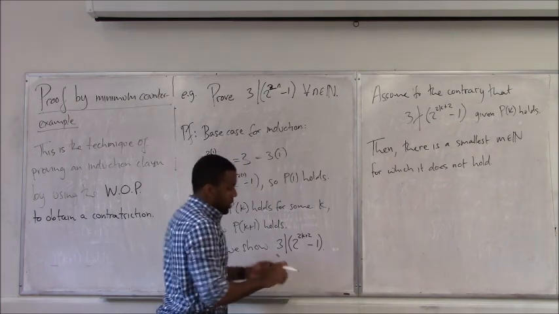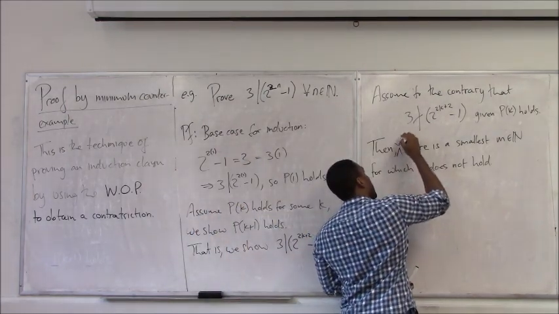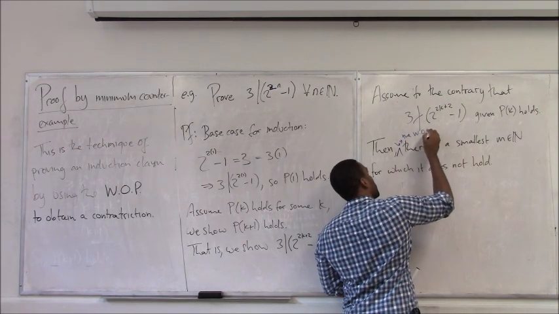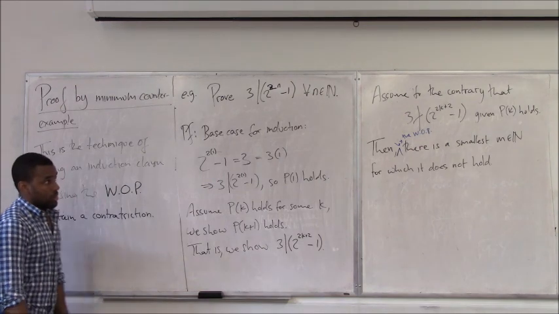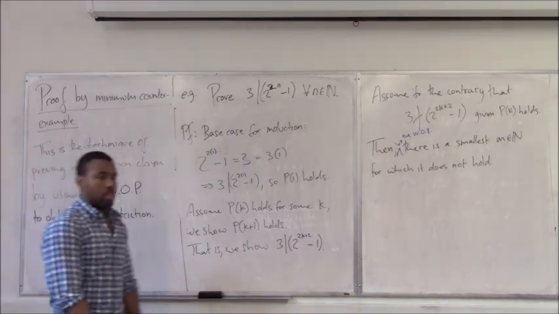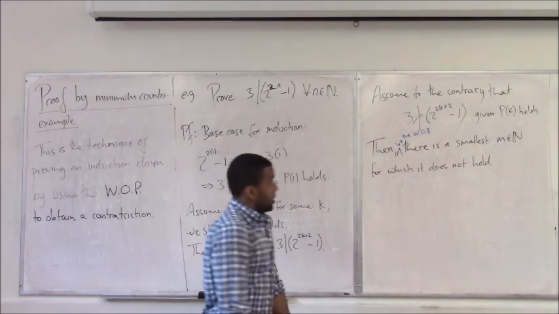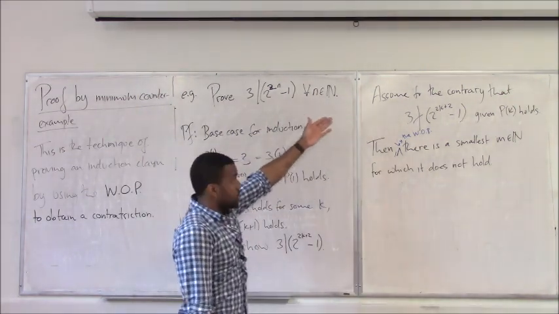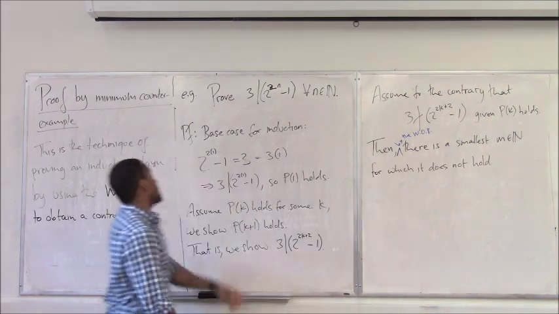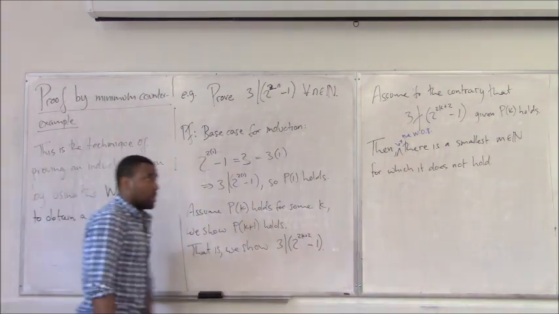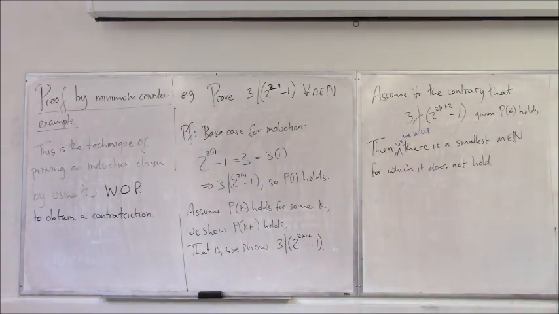And you can even put it in here if you want, though you don't have to, by the well-ordering principle. If there is a set of natural numbers for which it's false, that set must have a least element. That's the well-ordering principle. So we pretend it's false to obtain a contradiction. If it's false, there's going to be a smallest guy for which it's false. That's going to be our minimum counterexample. We have to show that this leads to a contradiction. This guy can't exist.